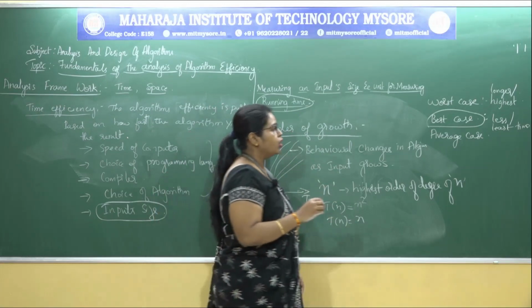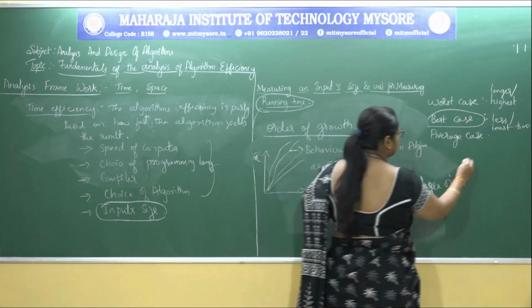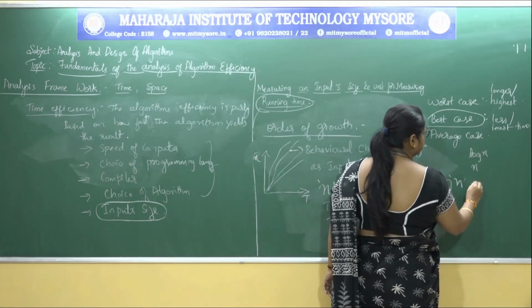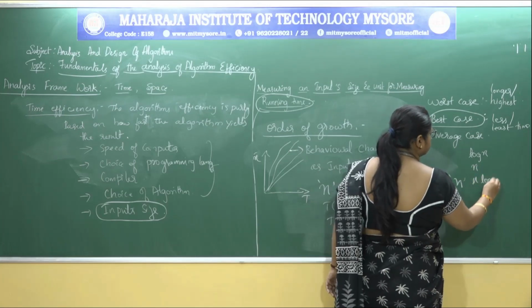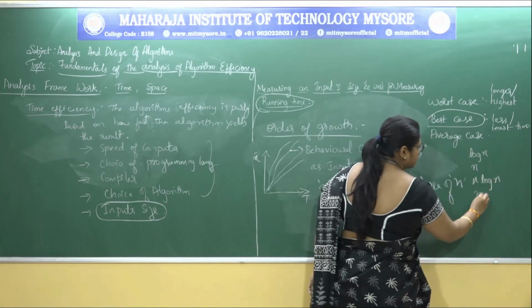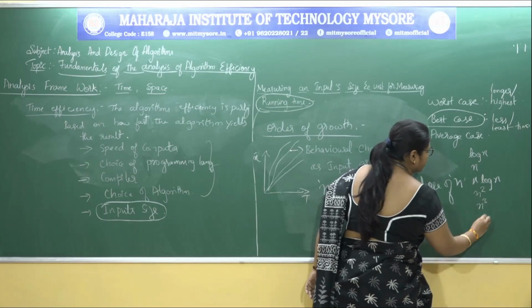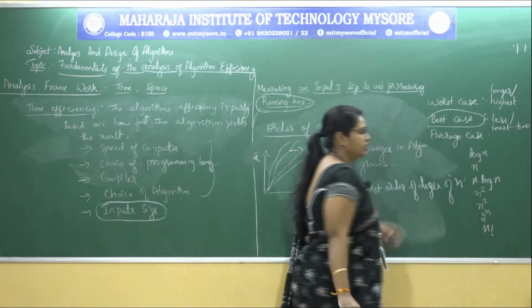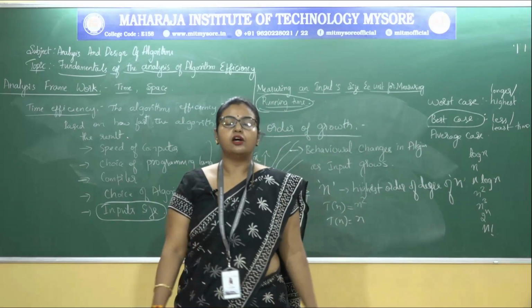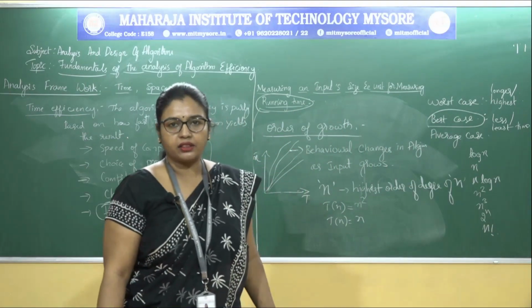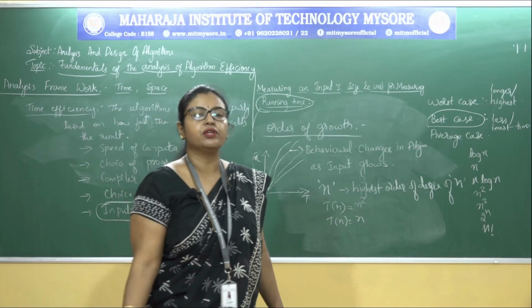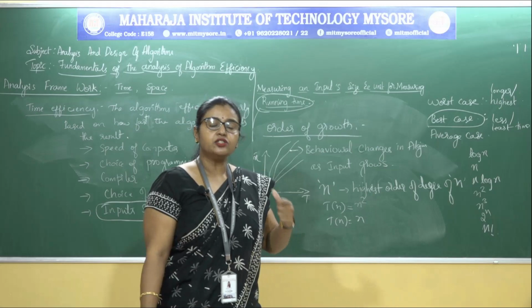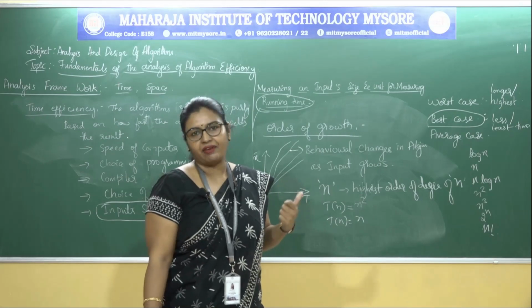So here we have orders of growth like log n, n log n, n square, n cube, 2 to the power of n, n factorial. Okay, so these are the orders of growth of the algorithm. Usually the order of growth of the given input is represented using the highest order degree of that particular n value.